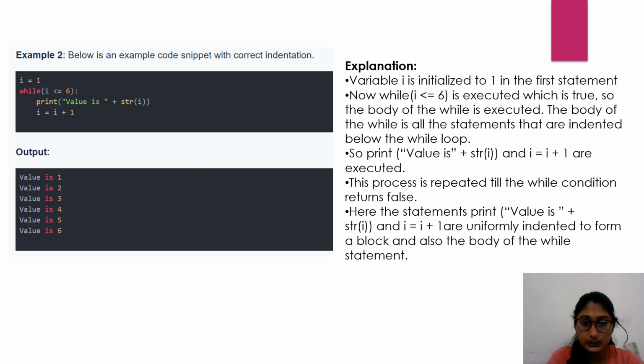So the print statement and i equals i plus 1 are executed. This process repeats until the while condition returns false. Here the print statement and i equals i plus 1 are uniformly indented to form a block, which is also the body of the while statement.